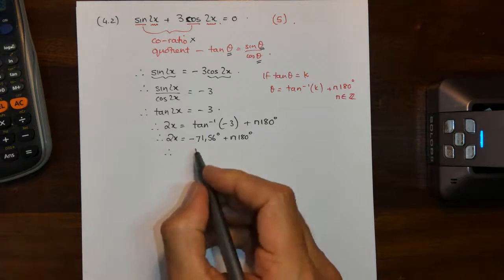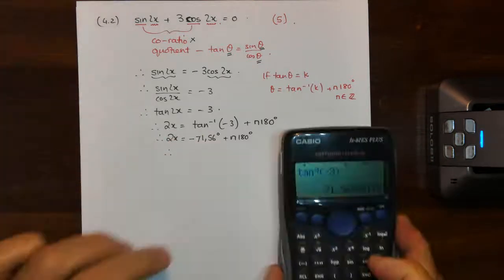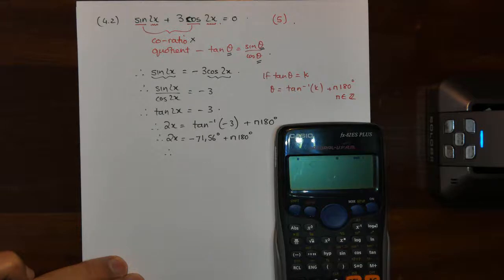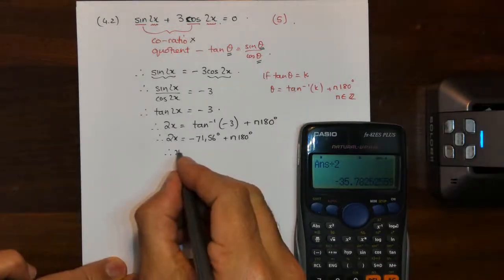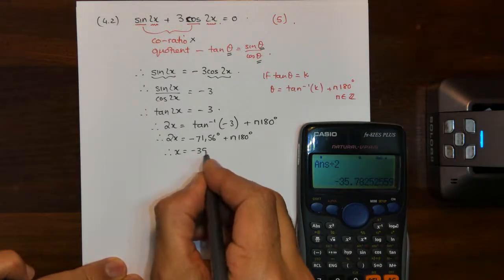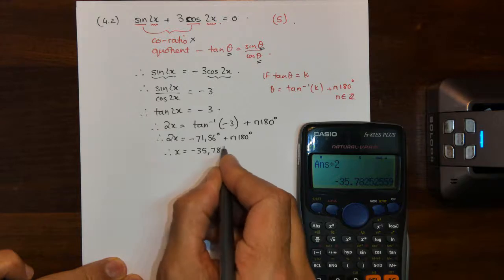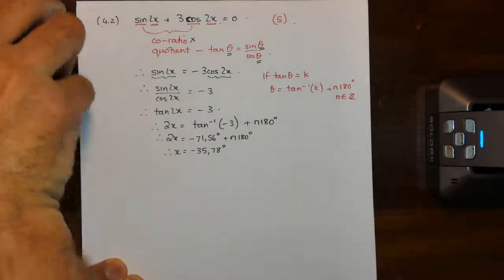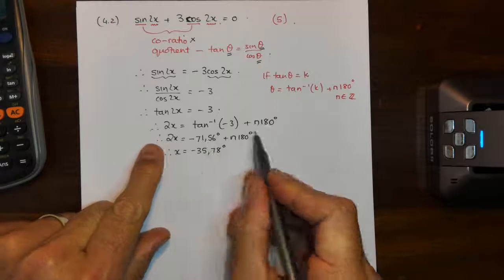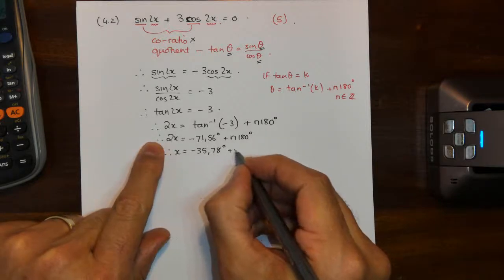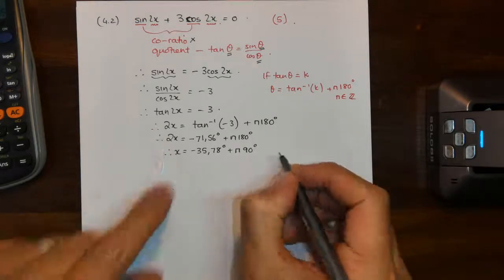Okay, so all that's left now is for me to take that 2x and divide it by 2, and I get x is equal to minus 35,78. I'll do the rounding just now, and all of this is divided by 2, including the period of the curve.